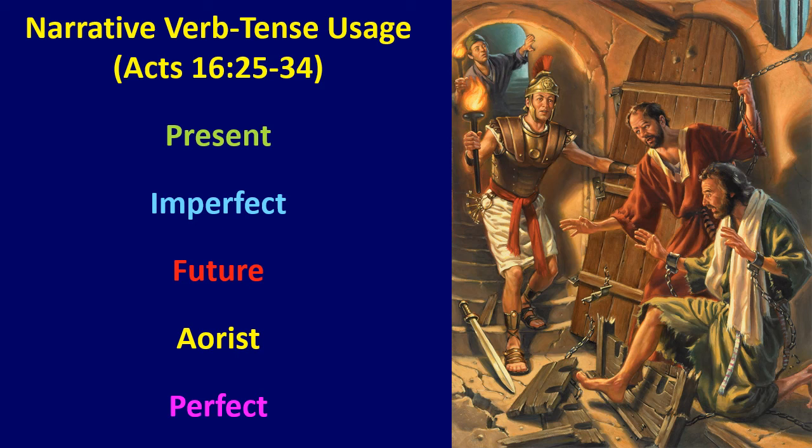And so let's just go through the passage and note again the different tense forms that are used, and you'll note how rare the perfect tense is throughout this account. Aorist is most common. You've also got some present and imperfects sprinkled in there and an occasional future. But the point is that the perfect tense form, when it is used here, draws the attention to a main point he's trying to make in the narrative.